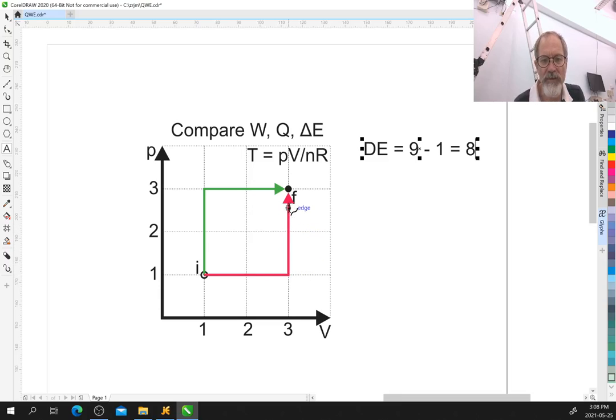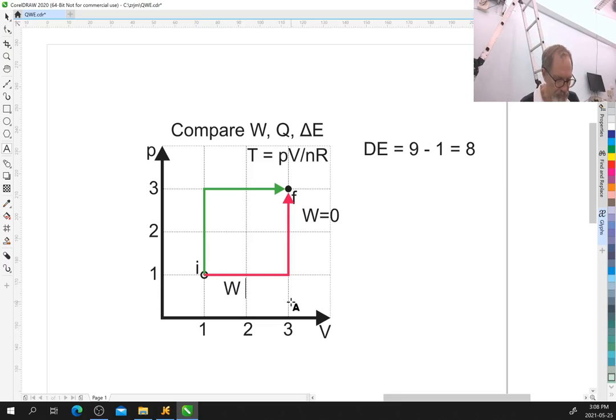Okay, in this one, work equals 0, right? It's going straight up, no change in volume, so work has to be equal to 0. On this one, work is P delta V. The pressure is 1. The change in volume is 2.